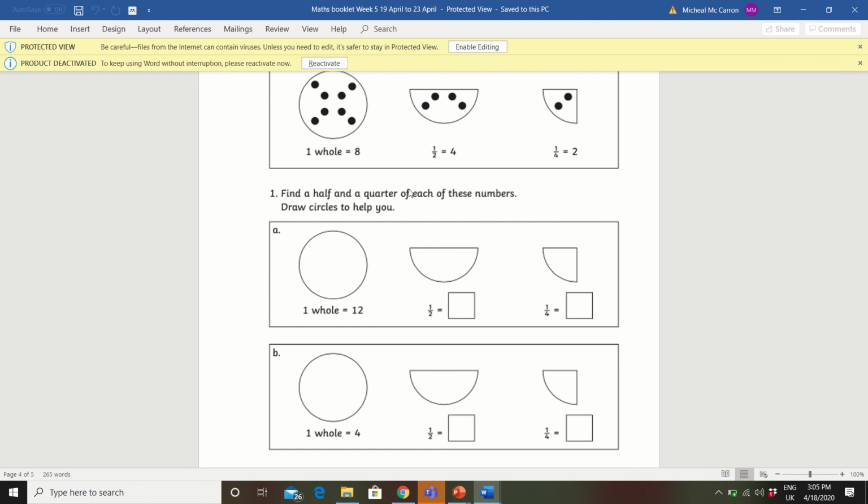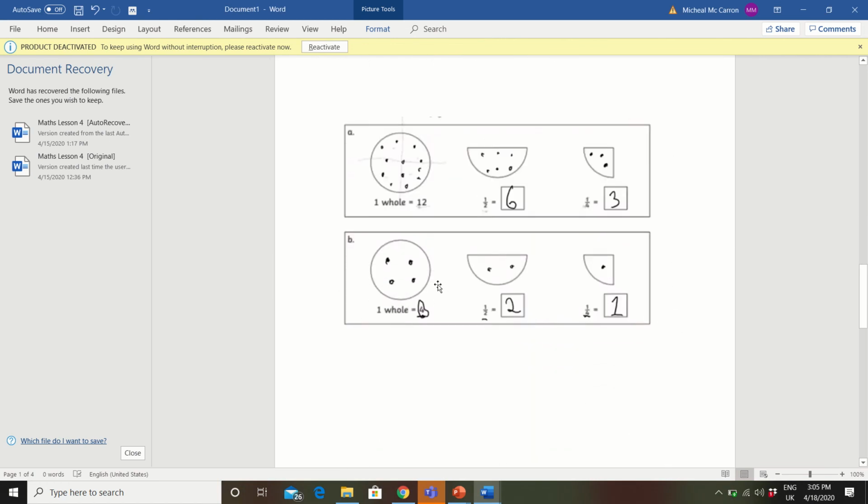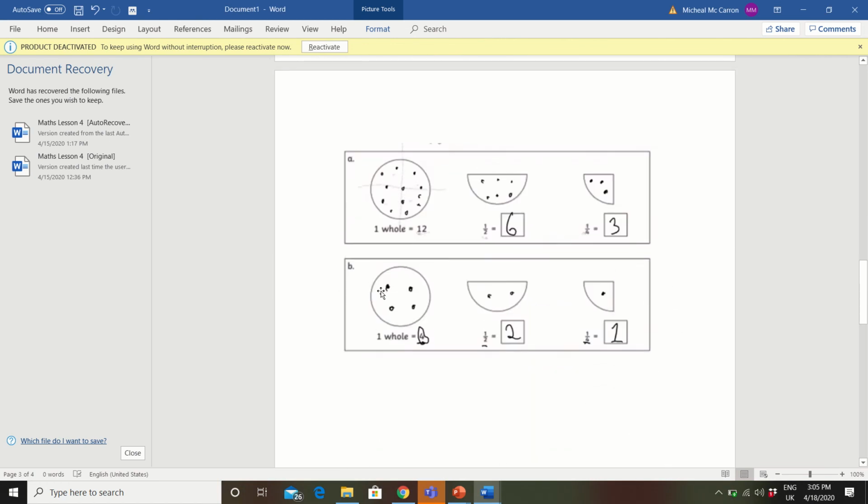Welcome back, everyone. Well done to those of you that completed that. Alright, so let's go through the answers. I have A and B done here. I drew my 12 dots in the circle like this, and I put a line down this way and a line across.